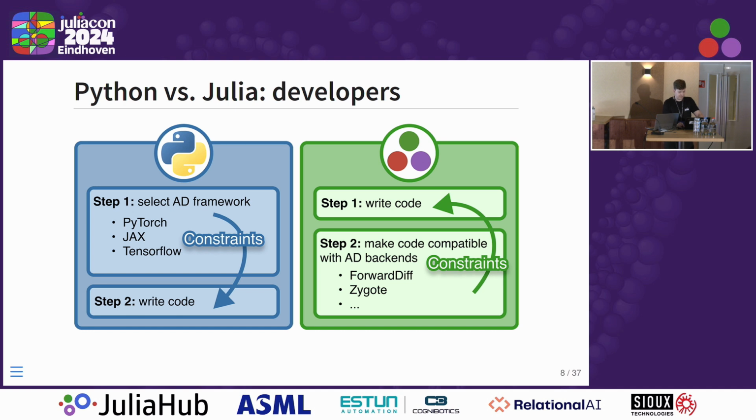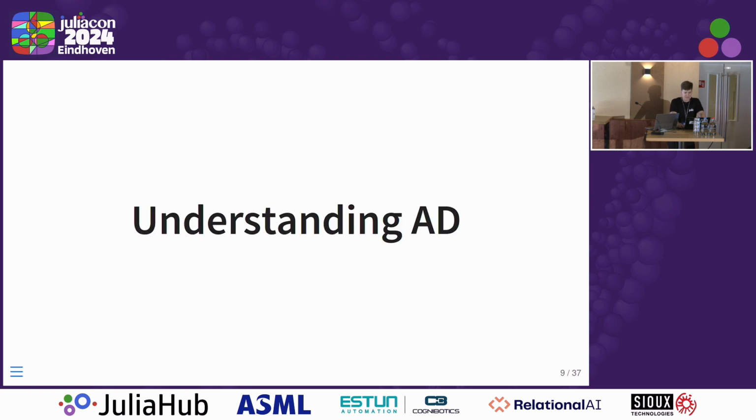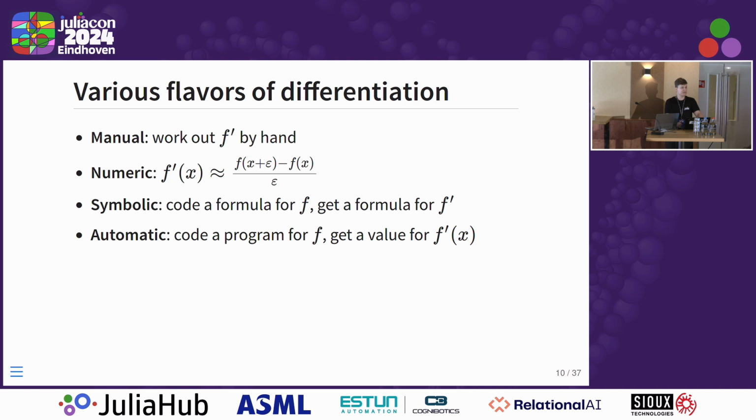And to understand these constraints, we will quickly tell you about the different kinds of AD systems. So there are 4 flavors of differentiation, let's say. The first one is the manual one, where you put in your blood, sweat, and tears, and manually write a gradient function that computes gradients, derivatives, whatever you want. The second one is the numeric approach, so basically finite differences, which is very flexible and can work on almost any code.